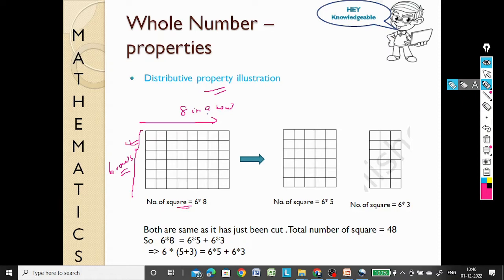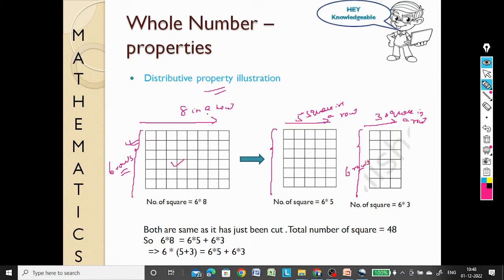One piece contains 5 squares in a row, and there are such 6 rows, and the other piece contains 3 squares in a row, and there are 6 rows.